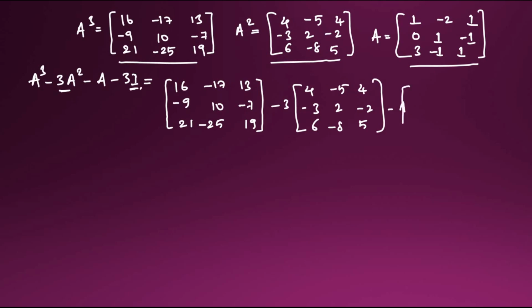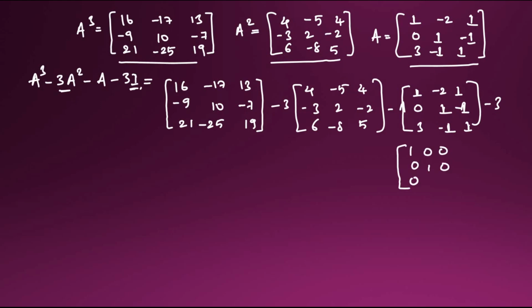So a is equal to what? This one: minus 2, 1, and 0, 1, and 1, minus 1 here, 3, minus 1, and 1 here. So after that, minus 3 into I is equal to what? 1 0 0, 0 1 0, 0 0 1. So this we get here.